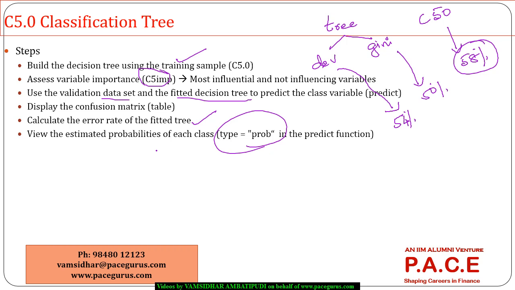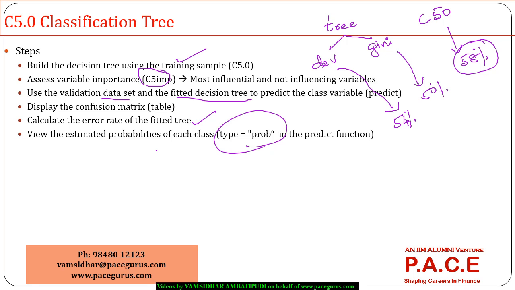In each of the algorithms, the variables are different, but overall I'm more interested in looking at the level of accuracy and the error rate when I'm applying this model on the testing data, right?